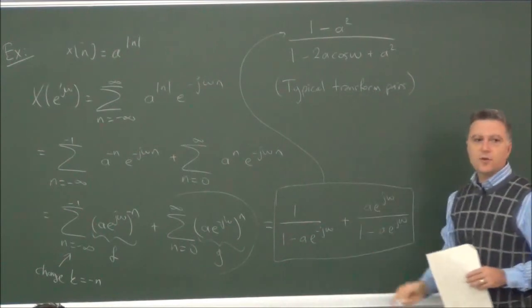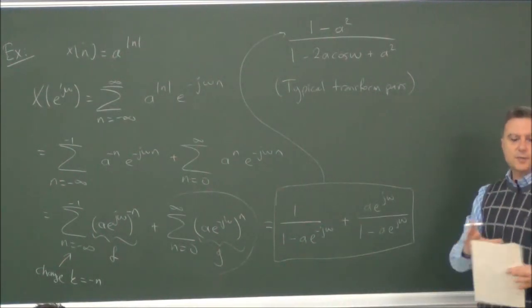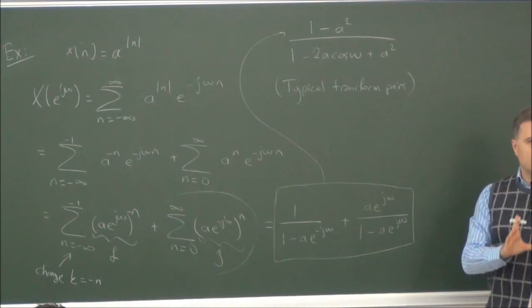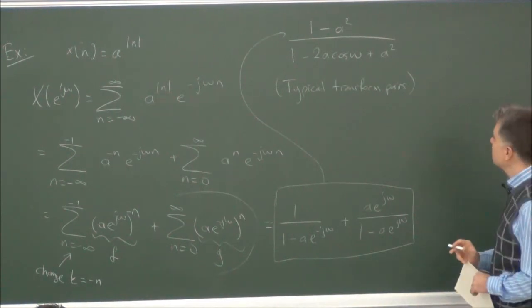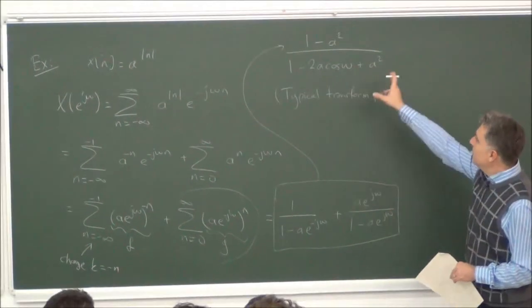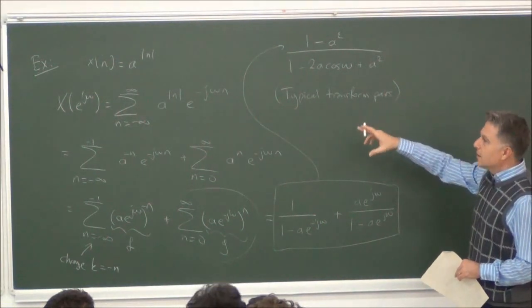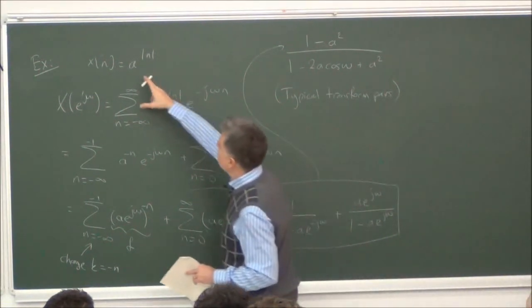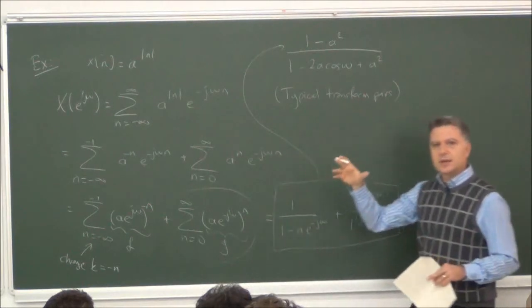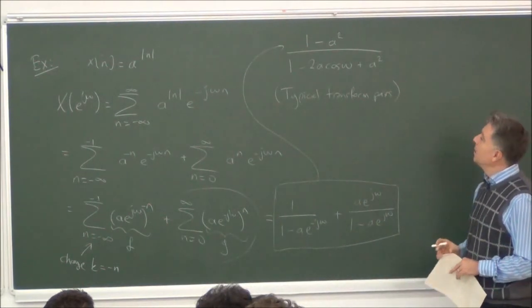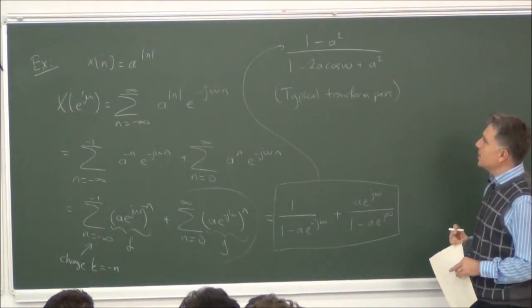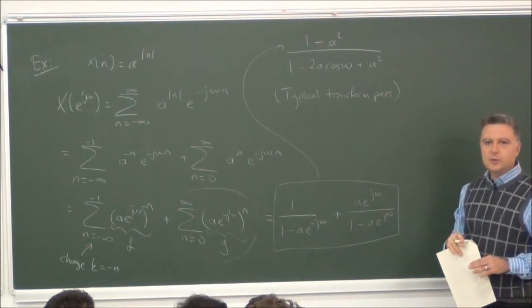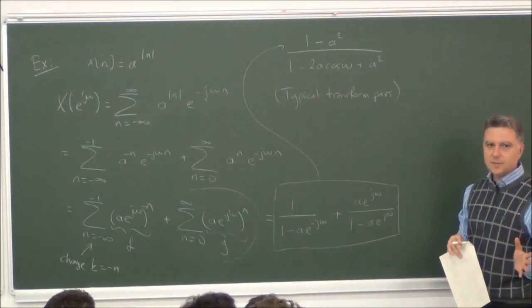Such a typical transform pairs table also exists for continuous time Fourier transform as well. There's a table like that in Oppenheim's book as well. This one is in the table. The first order a to the minus n u of n is also in the typical transform pairs table. Those tables will be available to you in the examination.